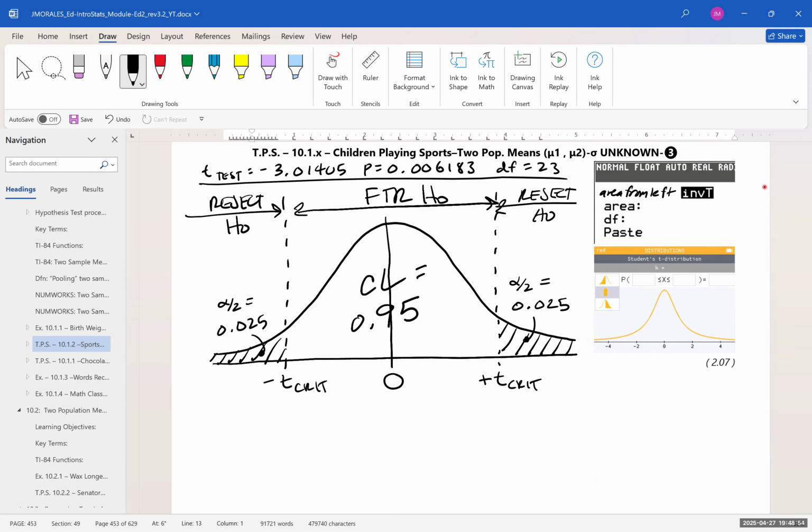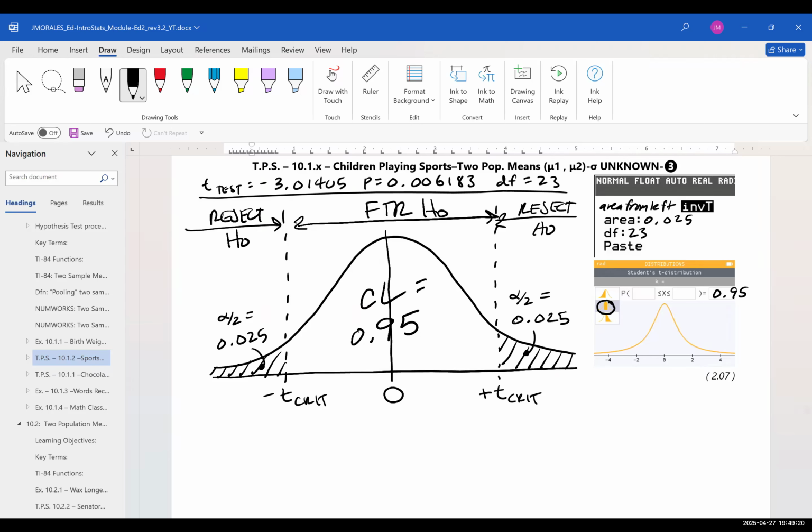So we're going to have to put in an area of 0.025 with 23 degrees of freedom. And actually what we can do with the NumWorks, if you want to get both the plus and the minus, they're going to be the same number, is we can choose the area in the middle and make that area 0.95. That should get us the same answer. So let's check that out.